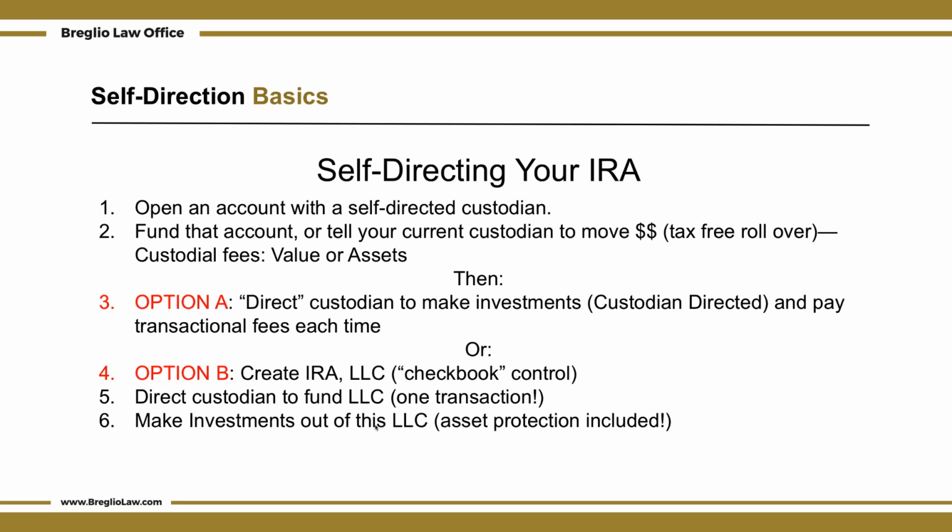And you have to be a little bit more worried about prohibited transactions because you don't have a custodian overseeing everything and maybe asking you questions and helping you along. So you're a little bit more on your own with an IRA LLC, but you're saving those transaction fees every single time. So you can save considerable amounts of money by using the IRA LLC.